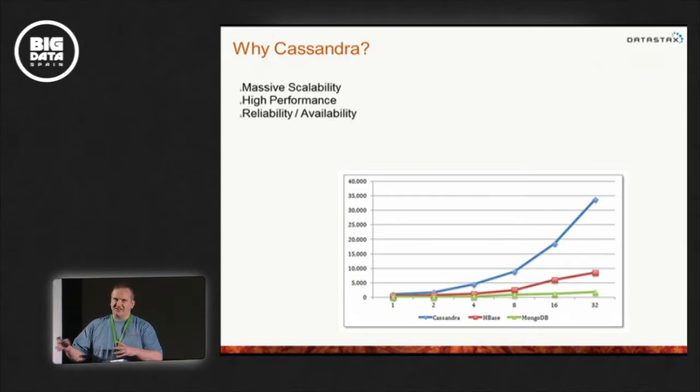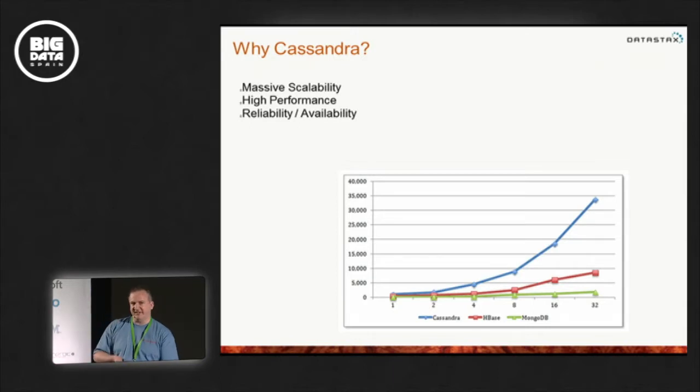The read side is still fast, but whenever you prioritize something in one area, you always get trade-offs, and that will come into play later. This was an independent survey of some description, and as the number of nodes grows, we scale linearly. HBase, I believe, also scales linearly, but slightly less, allegedly.